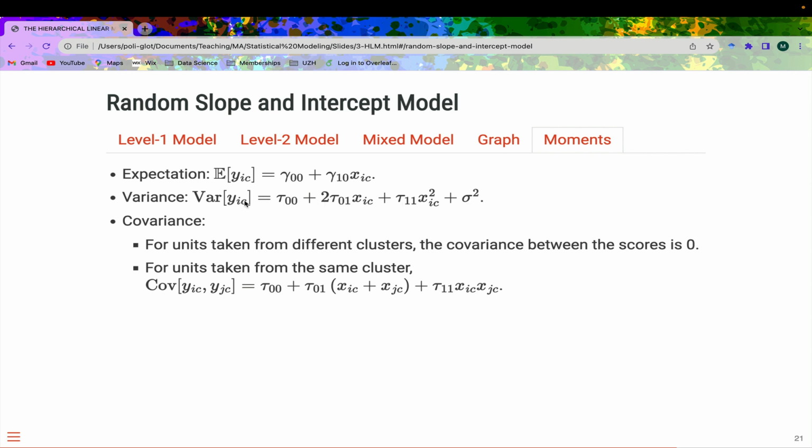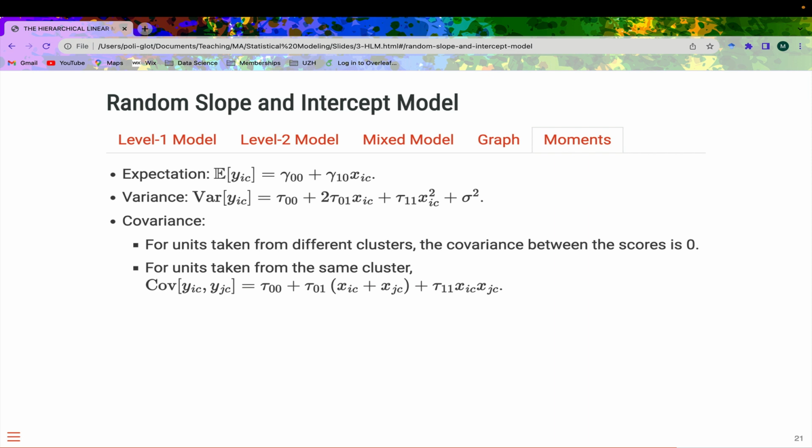So you'll notice that now the variance here is a function of x. This is a deviation from the idea that the variance of y is constant across units. What is also, of course, no longer true is that the observations are independent. If I take 2 units from different countries, or different clusters more generally, then it is indeed still the case that we assume the covariance between their scores is 0.